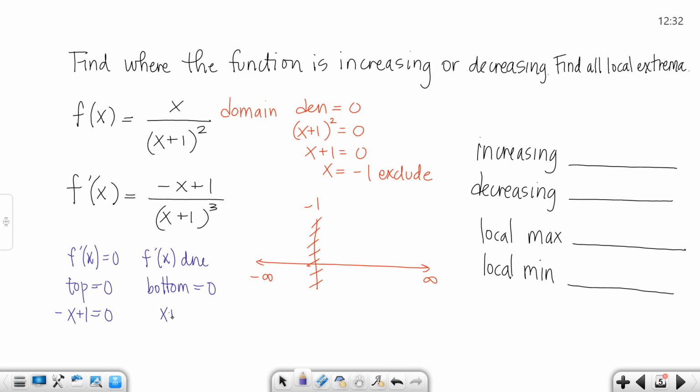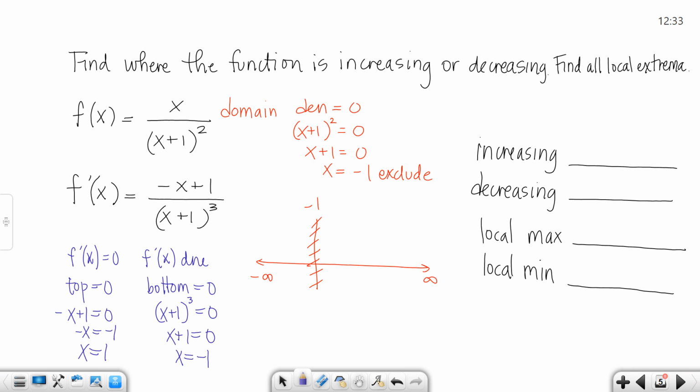The bottom part is (x plus 1) cubed, and I'll set that to 0. To solve the first one, I'll move the 1 over, divide both sides by -1, and x equals 1. For the second one, I'll take the cube root of both sides, so x plus 1 equals 0, so x equals -1.